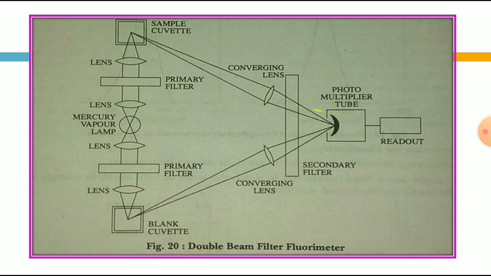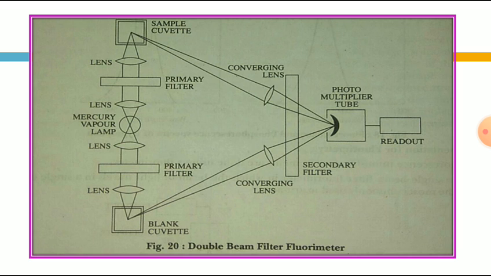So that reaches the detector, which detects the fluorescent light and reads it on the readout device. This is about the double beam filter fluorimeter.